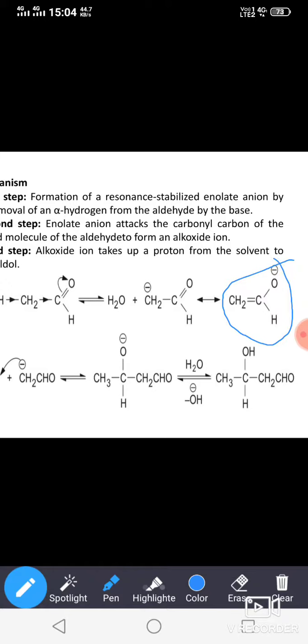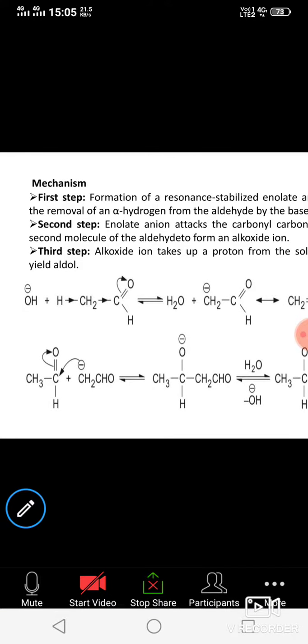This is the enolate form. So the carbanion and enolate ions are resonating forms of each other. This is how you get the carbanion when you add the base catalyst to the aldehyde.